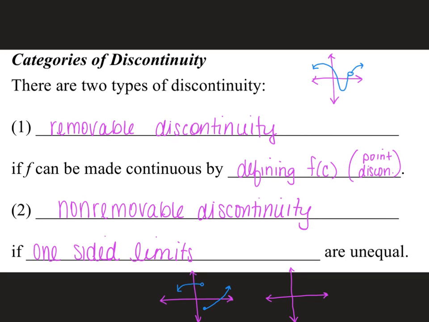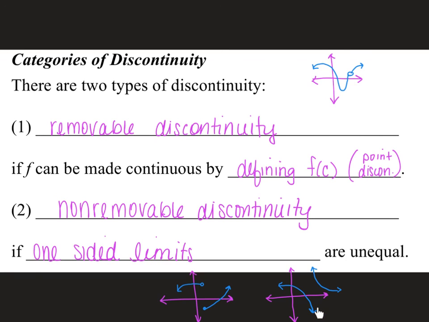And one other option might be an asymptote, like a vertical asymptote. So maybe we have something that looks like a rational function. And you can see that, again, there's too much space between these two sides. There's not just one point that can connect them. They're infinitely away from each other.